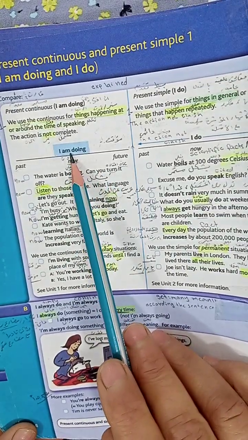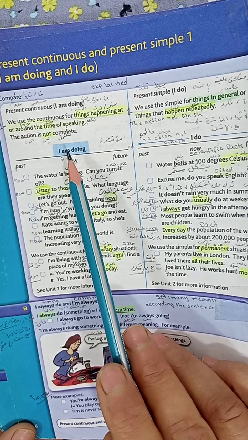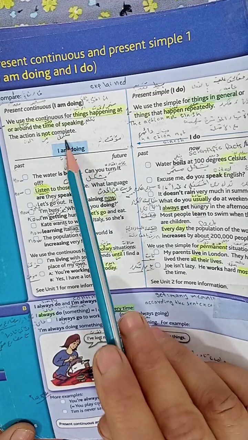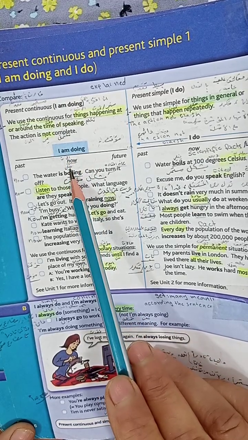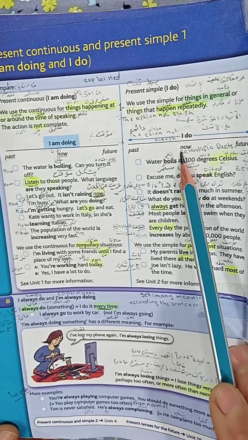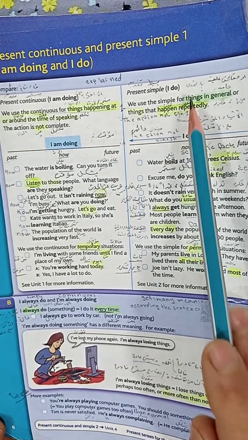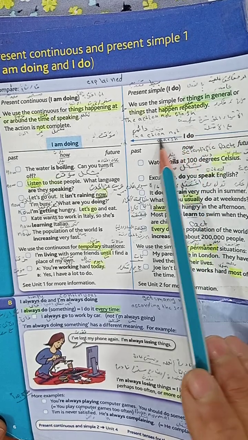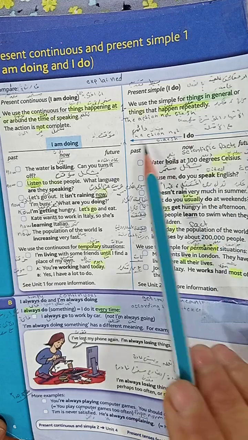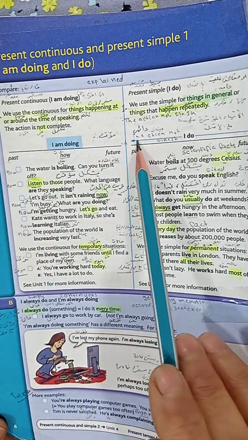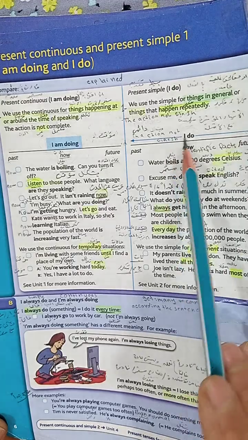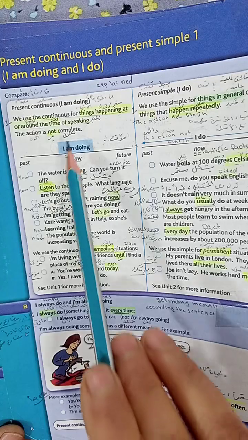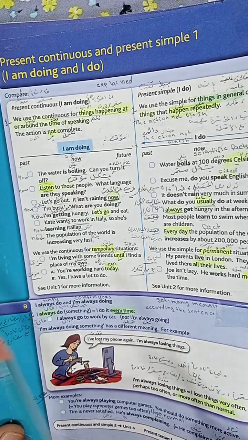Here, continuous is things happening only in the time of speaking, but simple is something repeated, not just now, but extended to other times, as we see here in the timeline. It extends in the simple, but in the continuous it does not extend. It's fixed only now in the present. Okay.